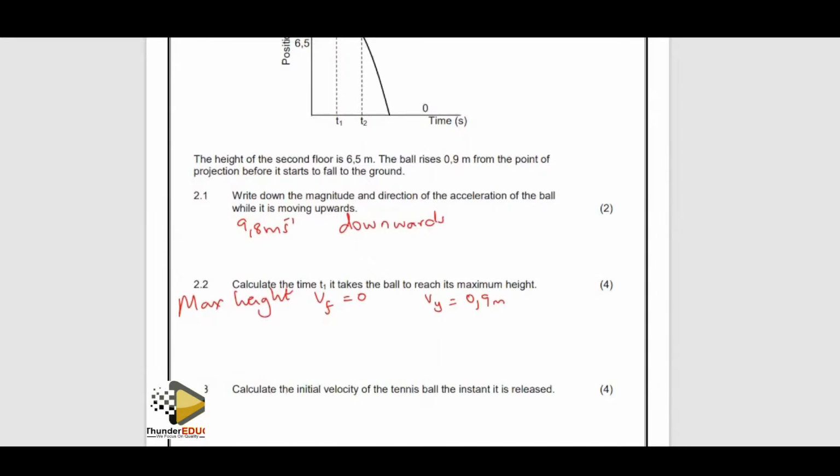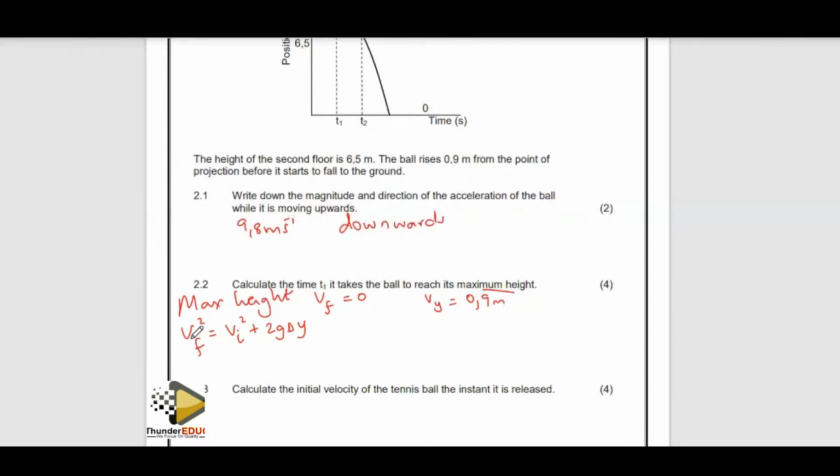So I'm going to use this equation, Vf squared is equal to Vi squared plus 2 g delta y, something like this. So we are saying at the maximum height, final velocity is 0.